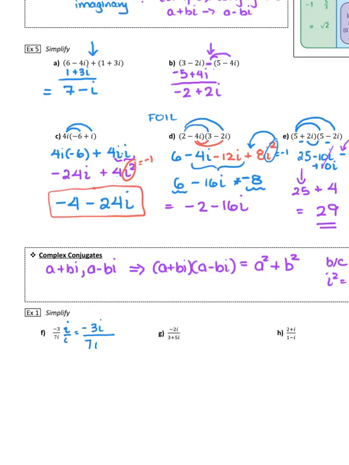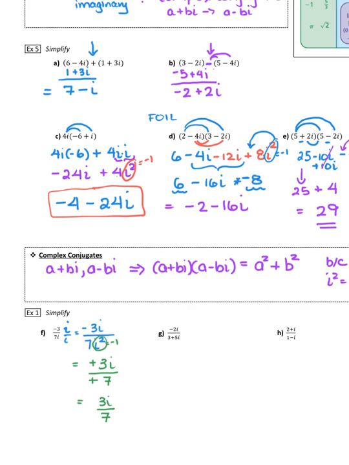On the bottom, I now have 7i squared, which we know we can replace with -1. So this becomes -3i over -7, and all my negatives cancel. So we just have 3i over 7. Kind of a nice little trick. If you can get your i to be an i squared, then it will become an integer.